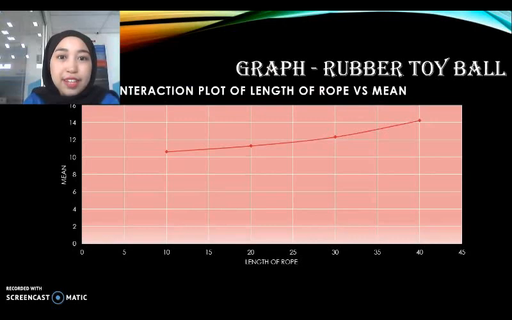Okay, next is the graph. The first graph is the interaction plot of length of rope versus mean. This is for the material rubber toy ball. It is clearly seen that the graph is slightly increased, starting at the mean of 10, which is about 10.9.